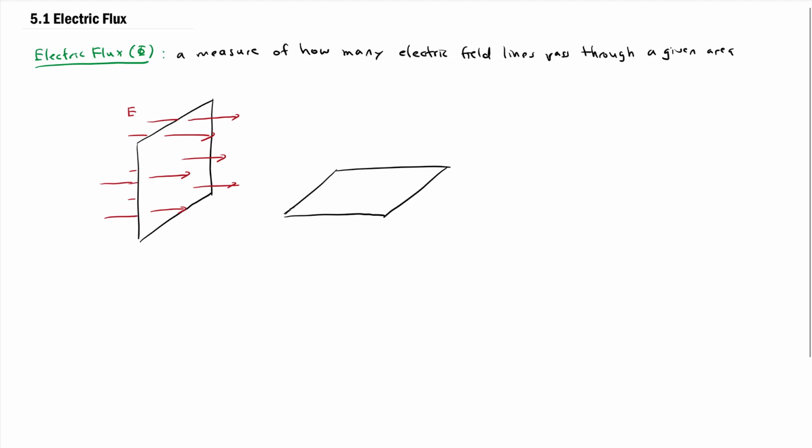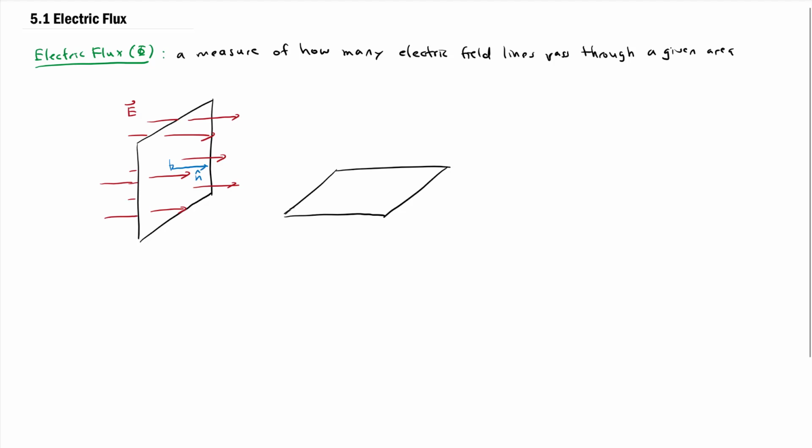We have our electric field in red, and we have our surface. With this surface, we also want to mention that there's going to be a vector that's normal to the surface. We call this n hat, the surface normal vector.